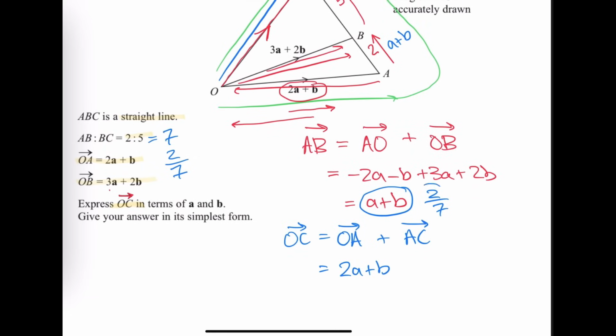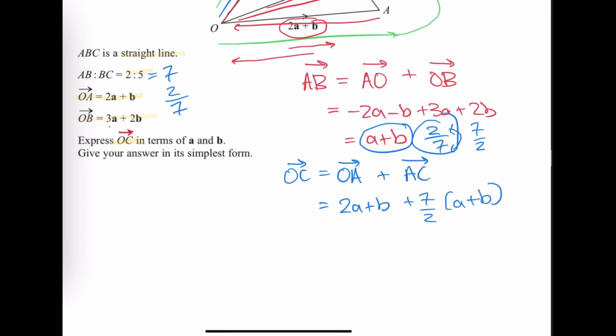This is 2/7 of it. So if you want to get the whole, that's the same as doing the reciprocal. So it will be 7 over 2, and we multiply by it. So it will be plus 7 over 2 of this A plus B. If we do that, we can see that OC is going to be 11 over 2 A, added to 9 over 2 B. And that is the answer.